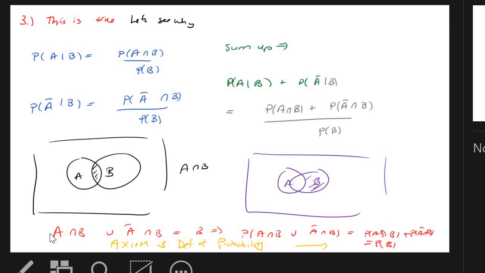And I think that's also in your definition of probability, that the probability of the whole sample space is equal to 1. Okay, anything else? So you just have to find the axiom or definition that proves what we see is true on the image. Does that make sense? Yes. So we say we can see that the numerator equals P of B. So just find the axiom that shows us that that's going to be true.